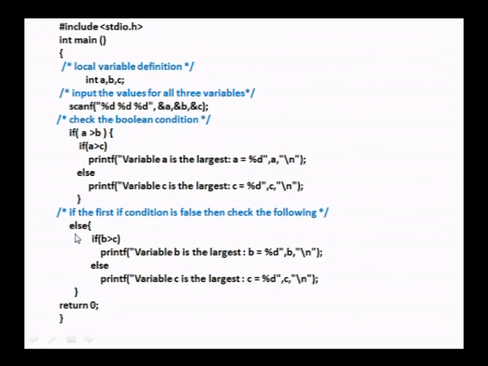So be careful when you are putting the brace. Here we have started with a brace for the outer condition, that is the if statement, and ended over here. In between, since we have single statements, you need not put any brace for that.